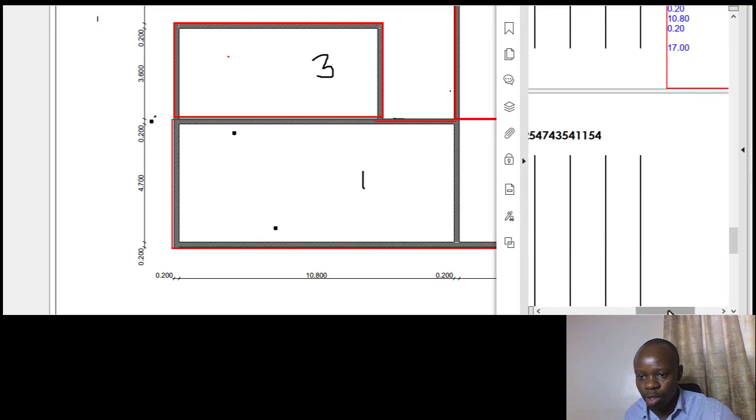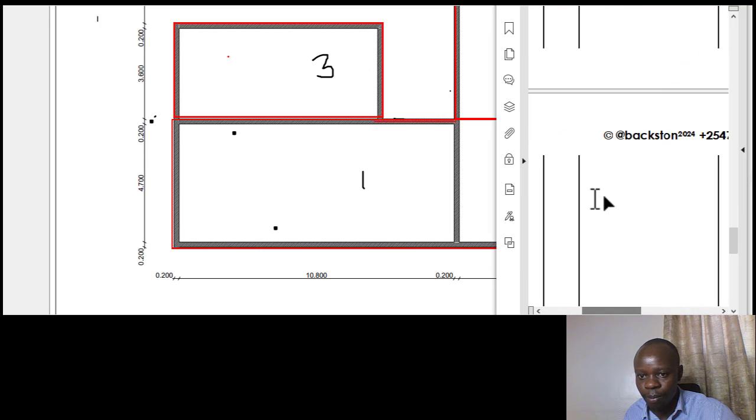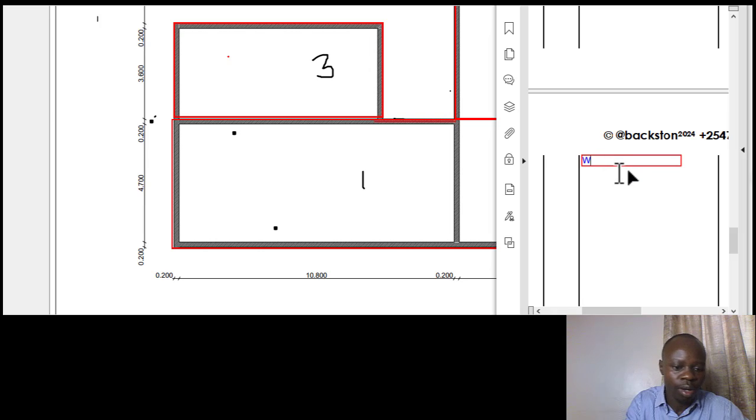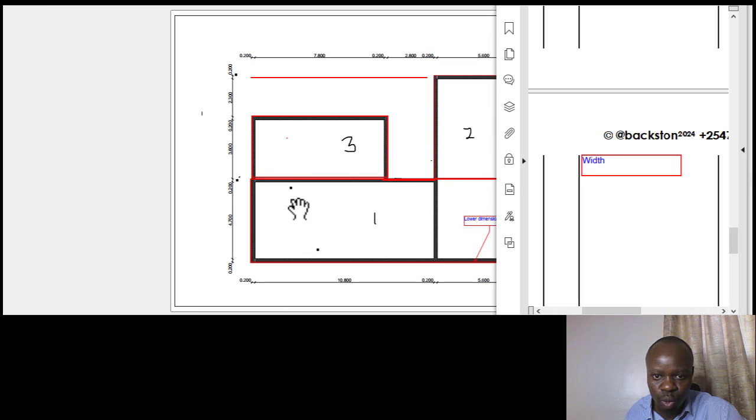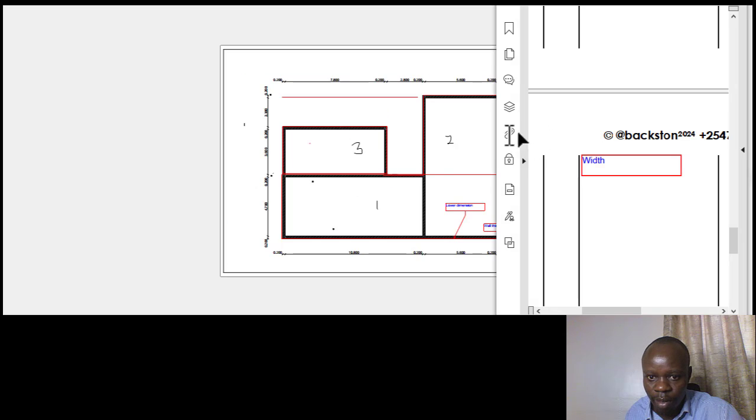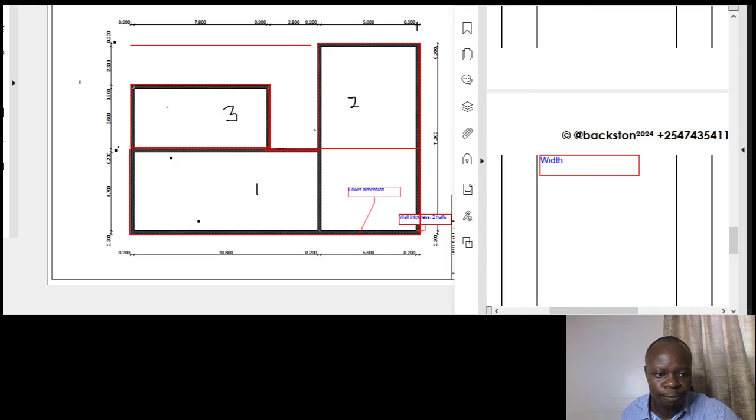Okay, so let's get the width. So the width, we just take the longer side. Now that takes us to the other bit. Okay, let's see what we have. For our width, we'll start with either of the points.